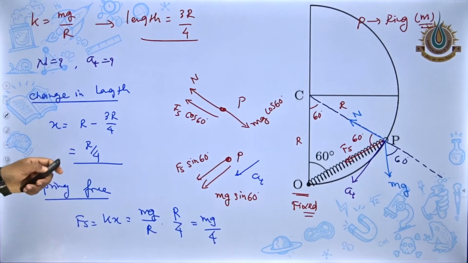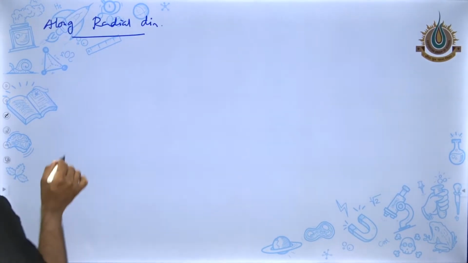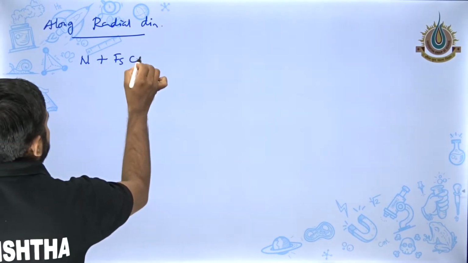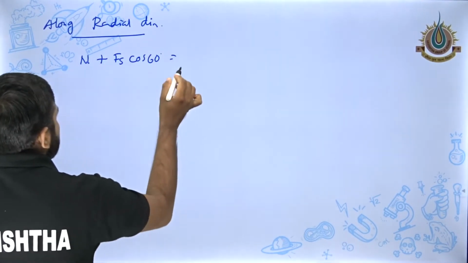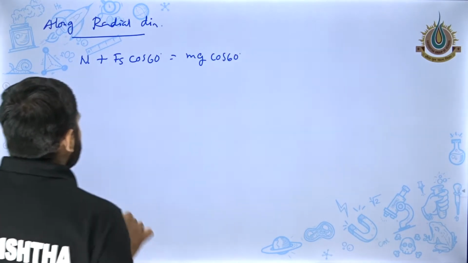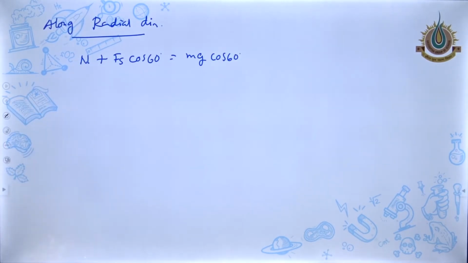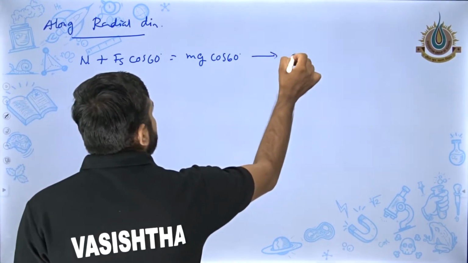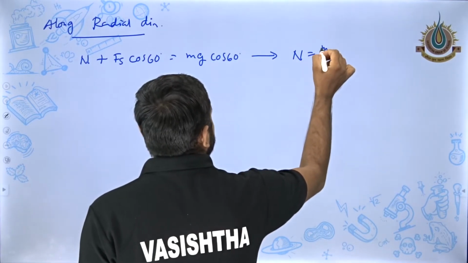N plus Fs cos 60 is equal to mg cos 60. So you just calculate this answer. After calculation you get N is equal to 3mg by 8. So N का आंसर मिल जाएगा.